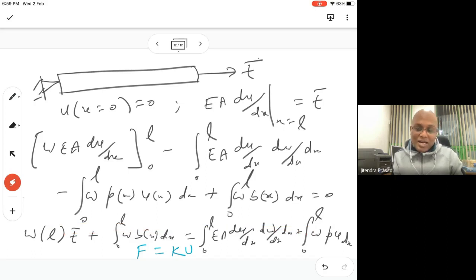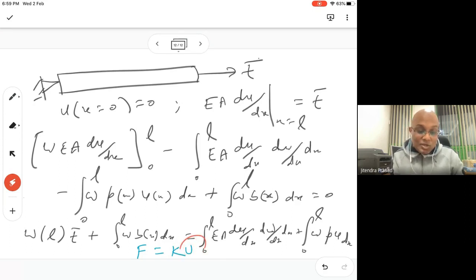But right now you can assume that K is a matrix, U is the one which has the alpha, the coefficients, and F is the constant terms. Then we invert this and you can find the alpha vector: alpha 1, alpha 2, alpha 3.